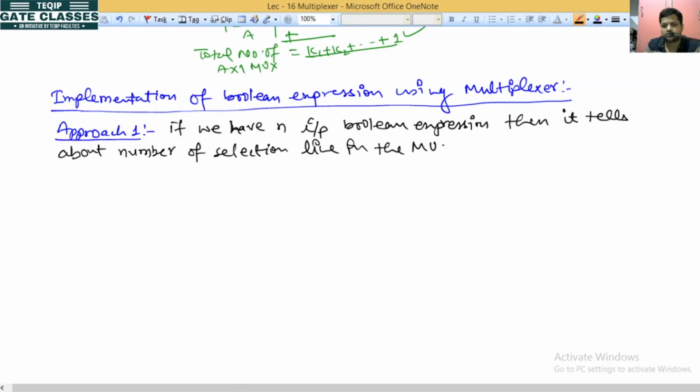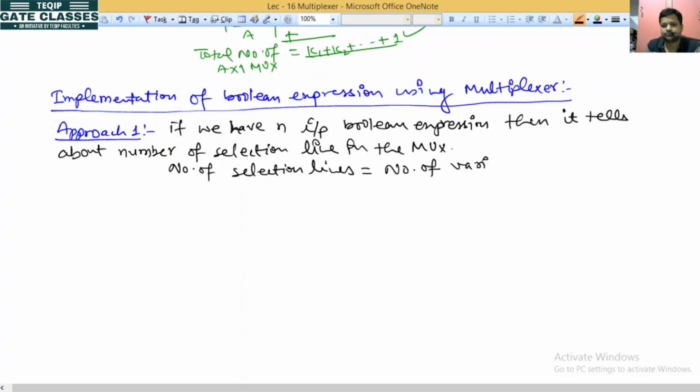So if you have an input Boolean expression, then the number of selection lines is equal to the number of variables.